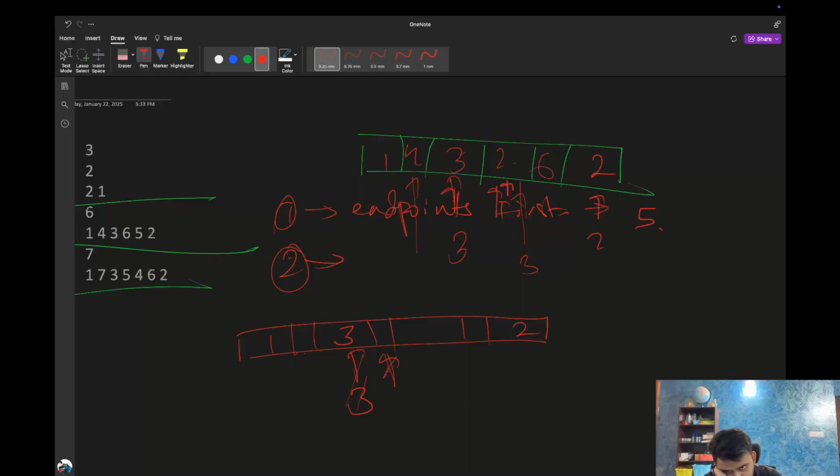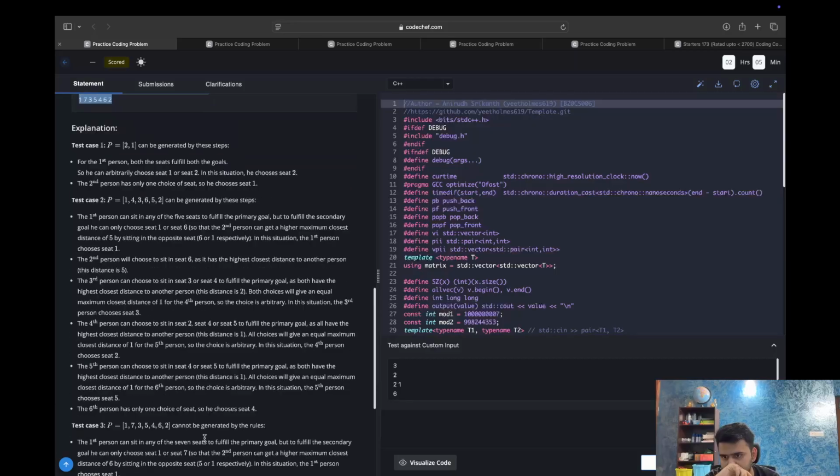So 3's choice is good, and 4 can choose here, which would make it 1, or here. But 4 will first choose his best. So 3 also should choose their best first. So 3's best choice would be here, and if there are ties, he would think about that. So 4's best choice is, yeah, 4 has to choose somewhere. So it goes wrong because of 3. Is that what the explanation says?